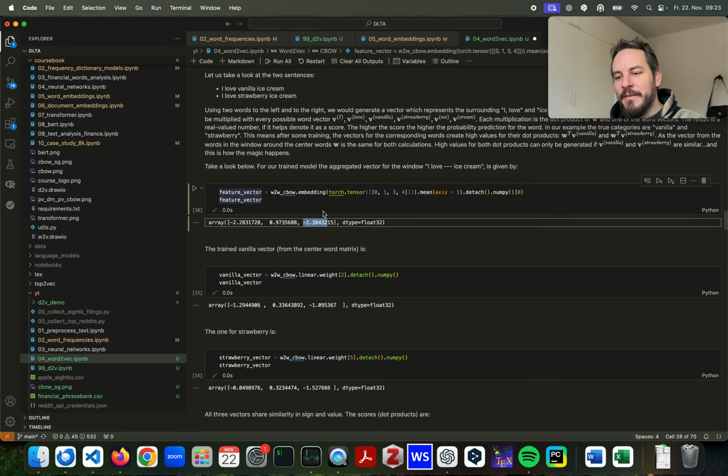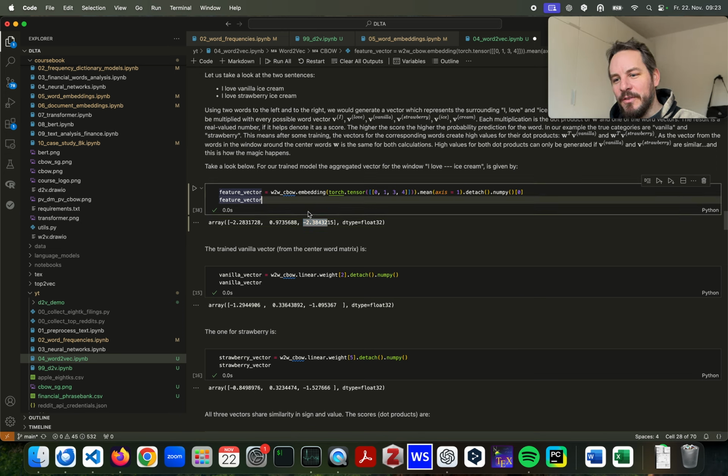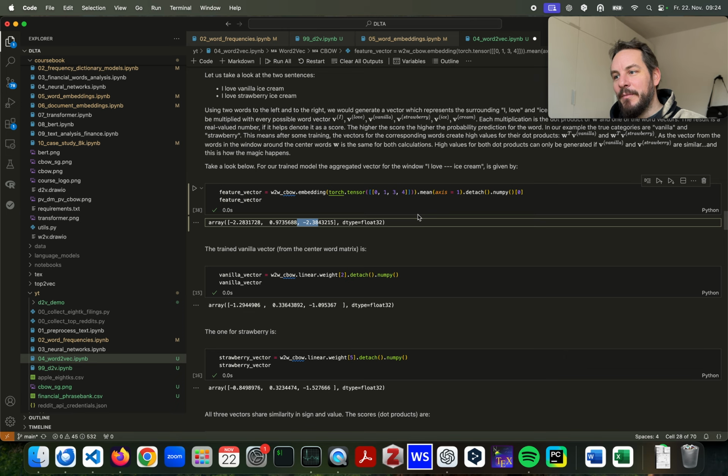So if my vanilla vector or my strawberry vector all have negative, positive, negative, I'm quite certain, or I can be sure that both dot products are resulting in positive numbers, and I need a positive number for having a higher probability here. And they should also equal a similar value.